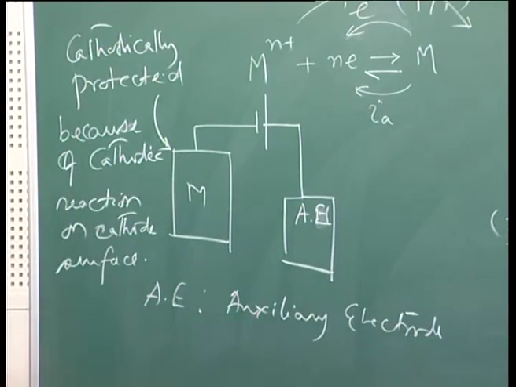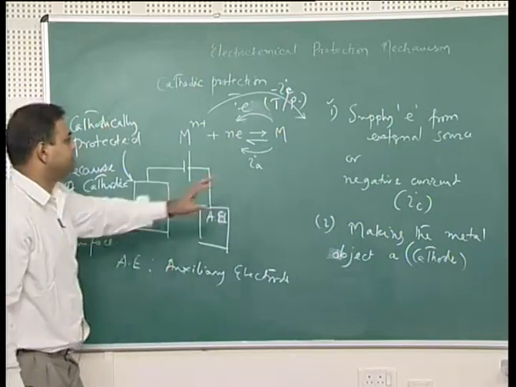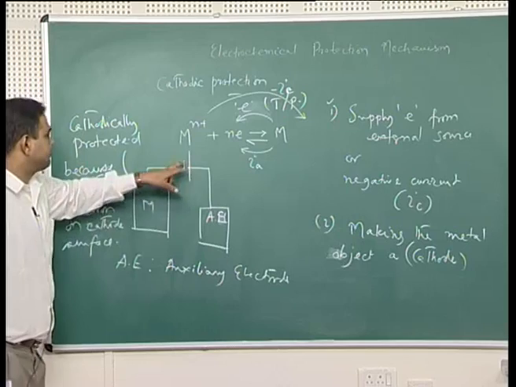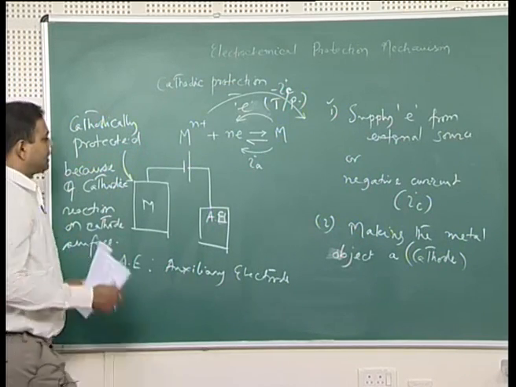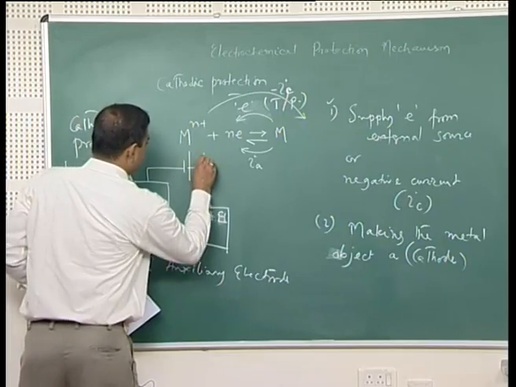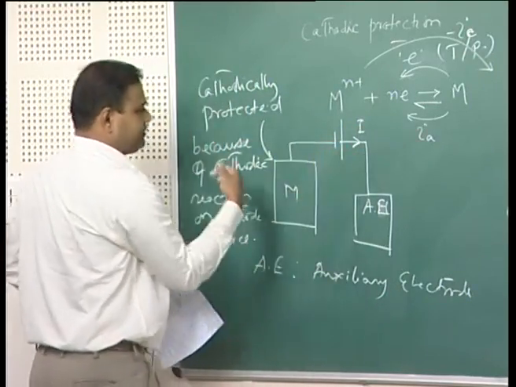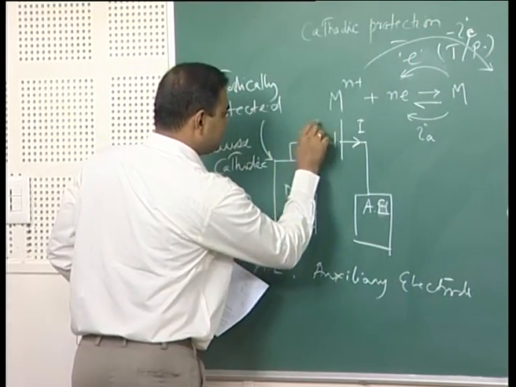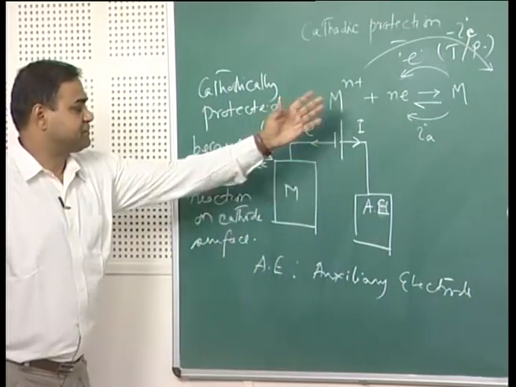Now you see whether we are satisfying these two things or not. The first thing is supplying electrons from an external source, and in fact we have connected it to the negative terminal. The positive current, which is I, is flowing from the positive to the negative side, and the electron is flowing the other way, from the negative to the positive terminal.